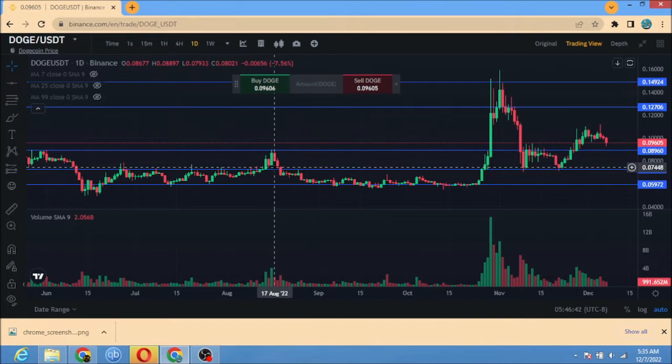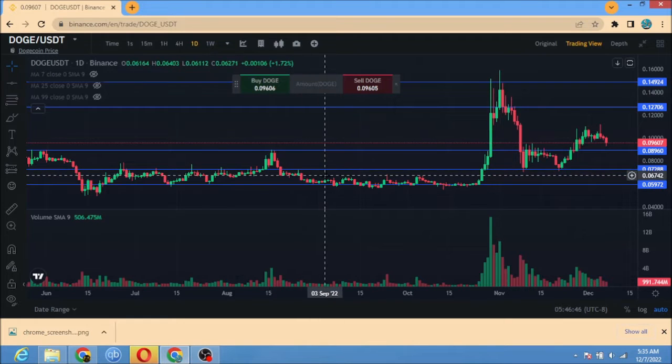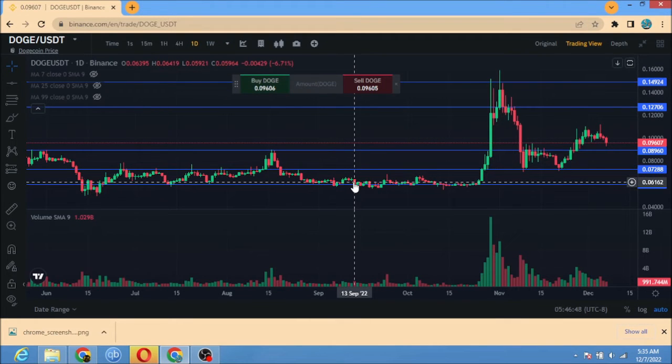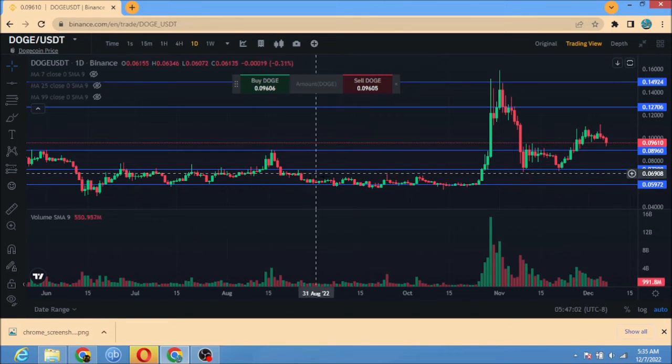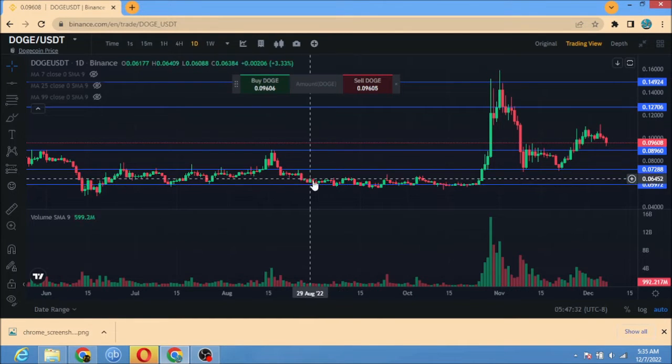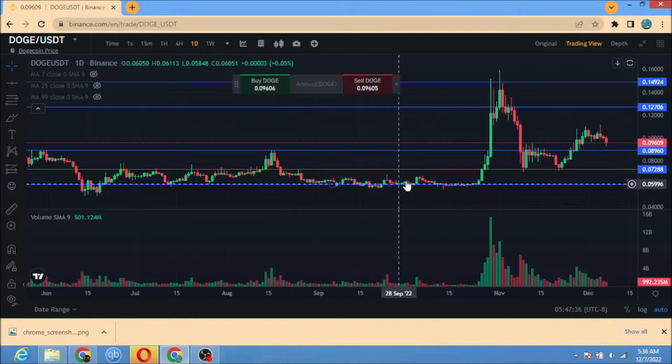The price moved downwards like this, but when it reached this very line, this line became a resistance. It failed to break it. It moves zigzag, zigzag, zigzag, and it started to move.